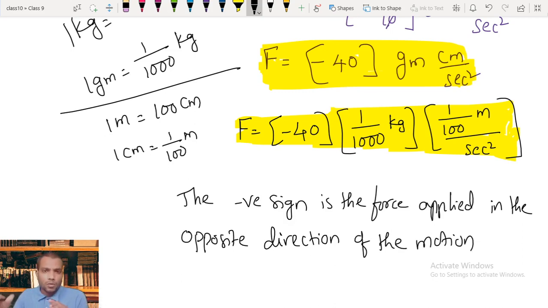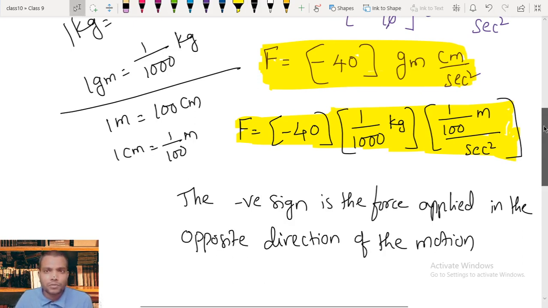When the ball is rolling in the forward direction, the force applied by the table, that force is the friction force.